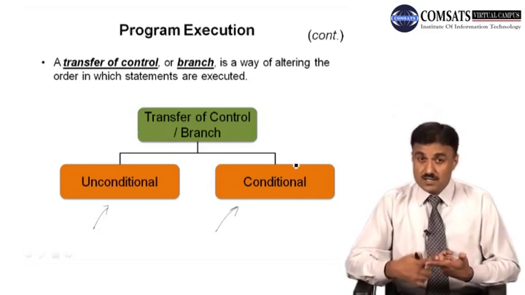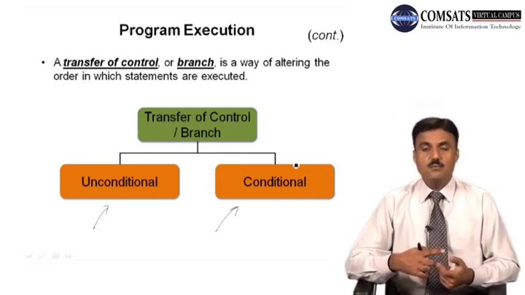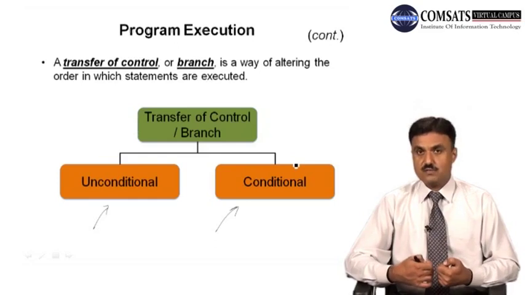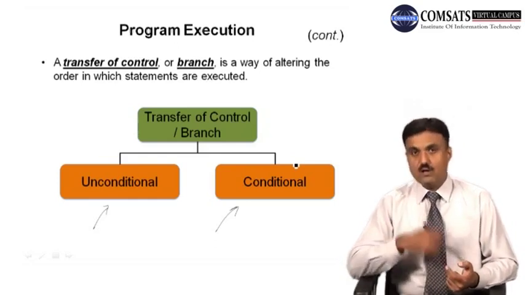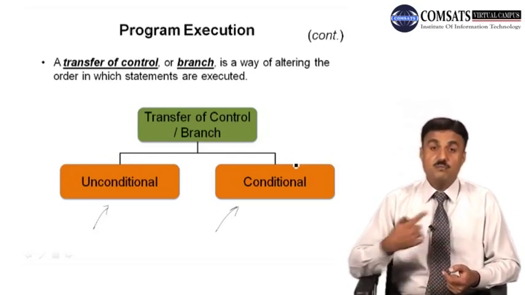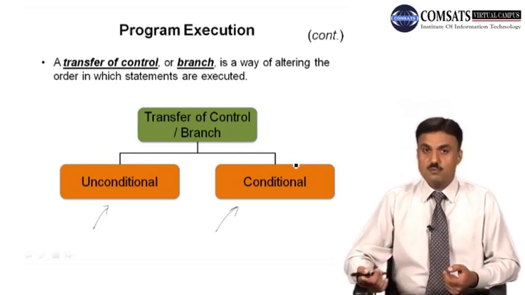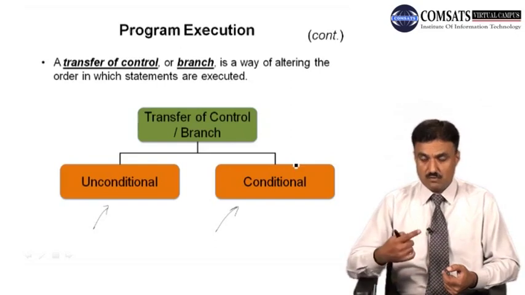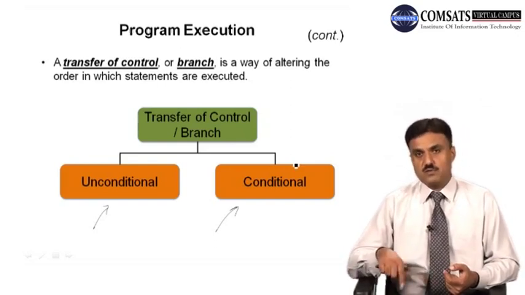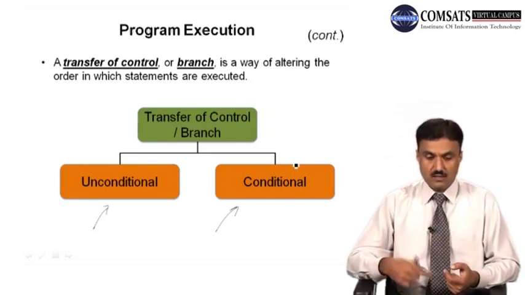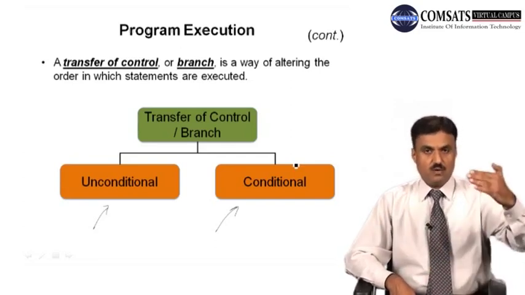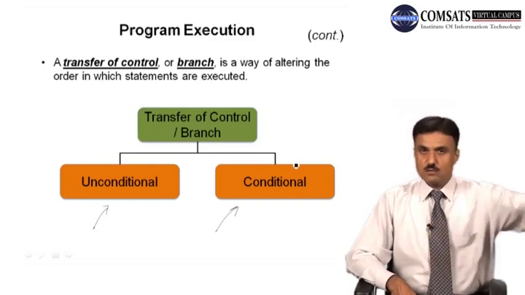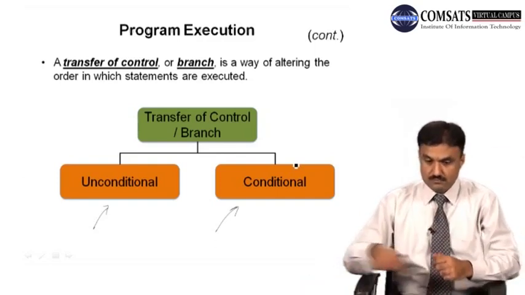If this condition is satisfied, then the transfer of control is performed. So we break the normal sequence, or we branch. Otherwise we do not transfer control to another location. Unconditional, it doesn't matter. When the program comes to that instruction, it will automatically transfer control.